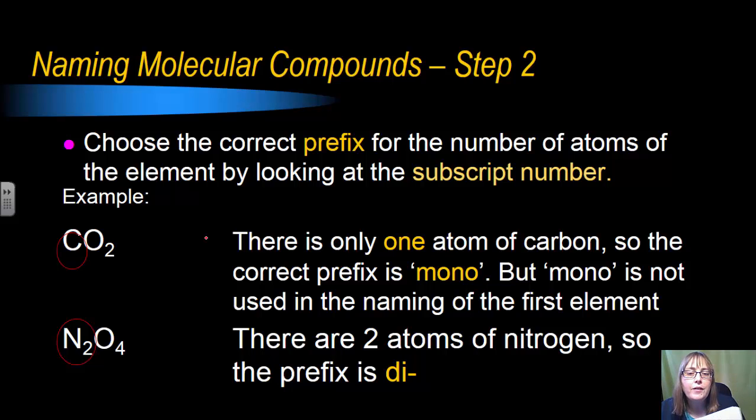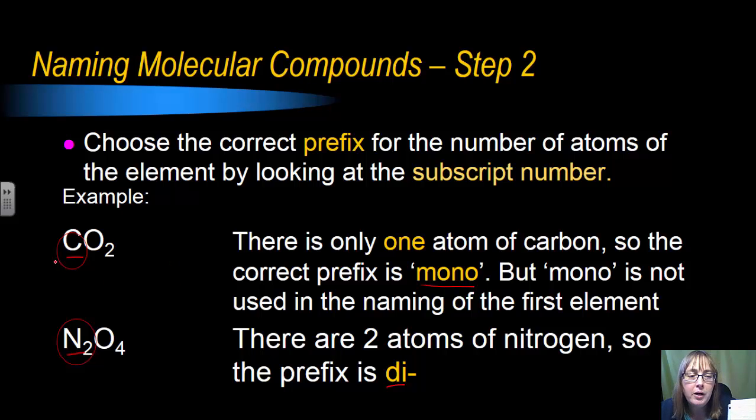So when we look at the prefix number by looking at the subscript number, as I mentioned, there is only one carbon, so it is mono, right? And with the nitrogen, there's 2, so there's going to be di. And in the case here with mono, when we write out the names, if there's only one atom of that element within the compound, we usually don't put mono at the beginning of the name, right?